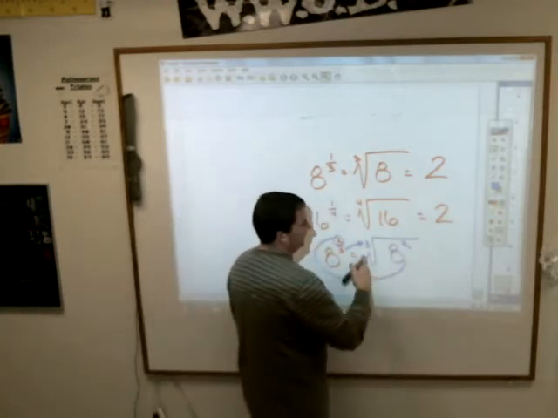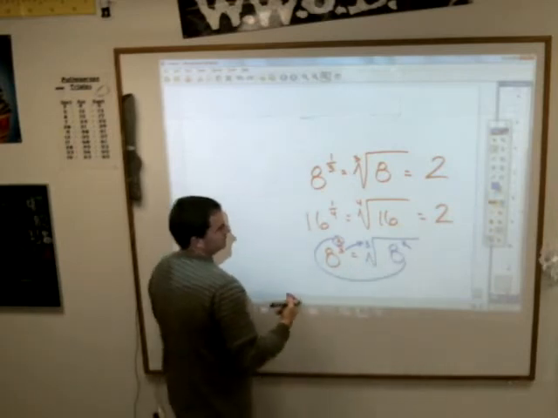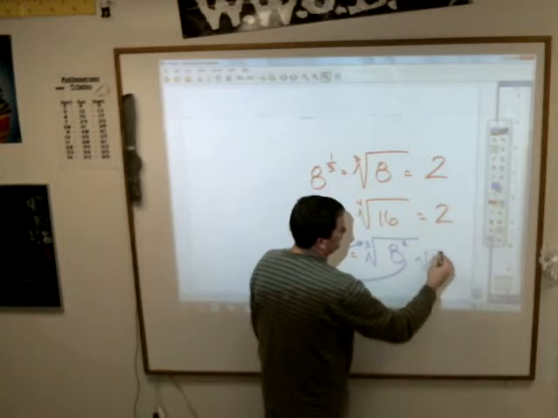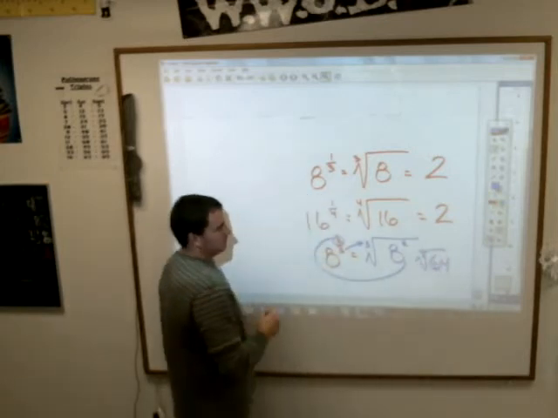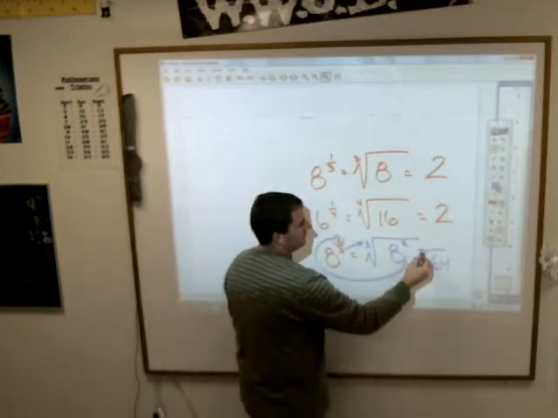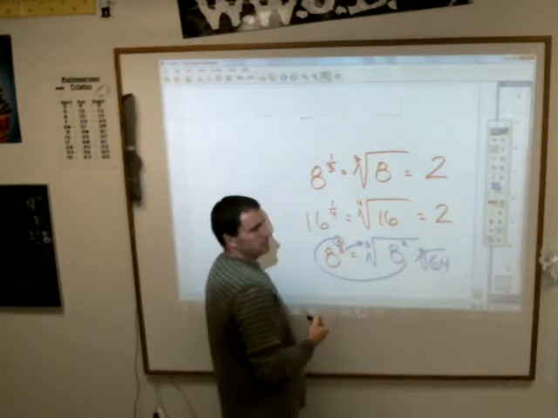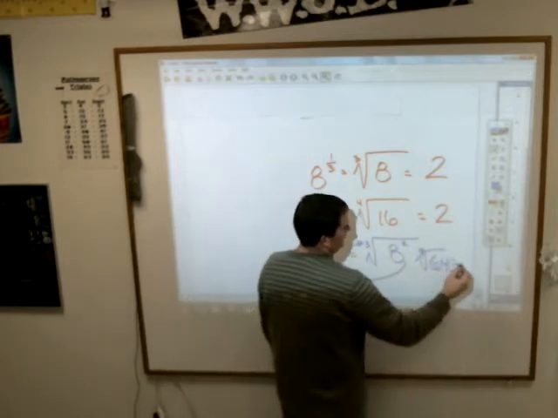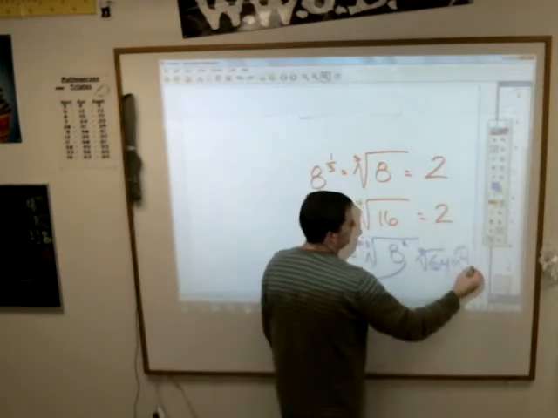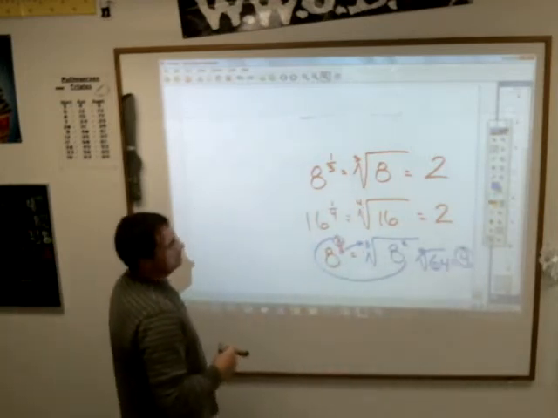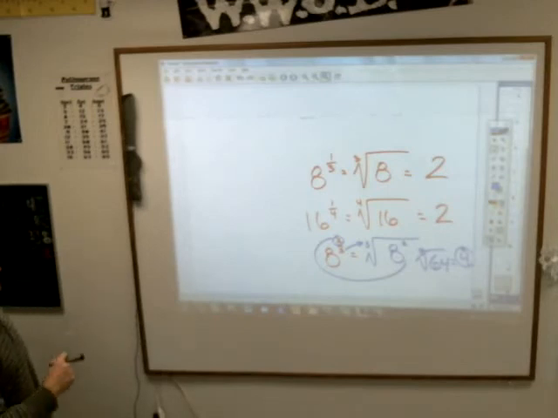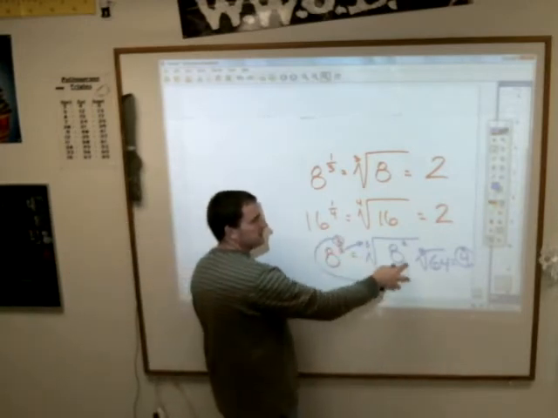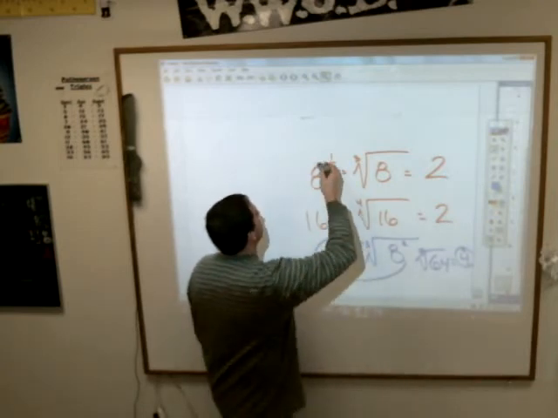Which means you'd have the cube root of 8 times 8, which is 64. Is there a cube root of 64? What's 4 times 4 times 4? So this actually is 4. 8 to the 2/3 power is the same thing as the cube root of 8 squared. You just rearrange these things into a nice little neat package.